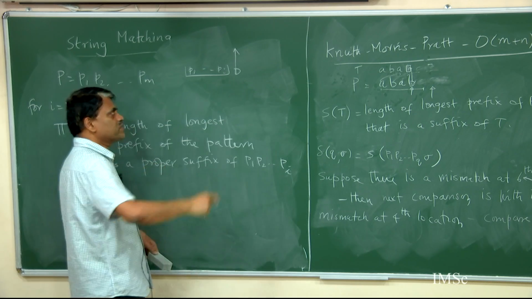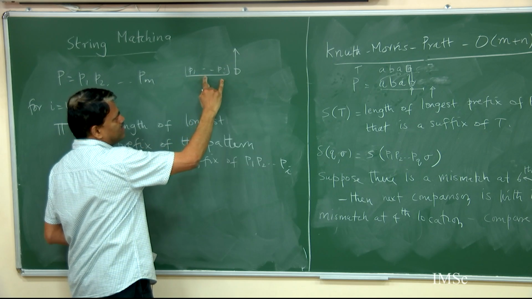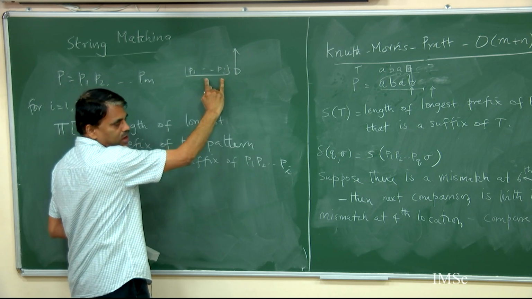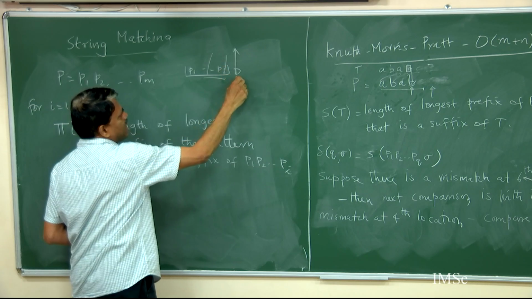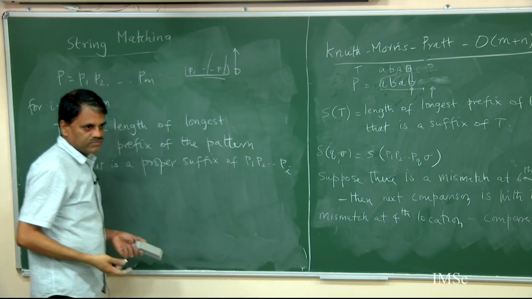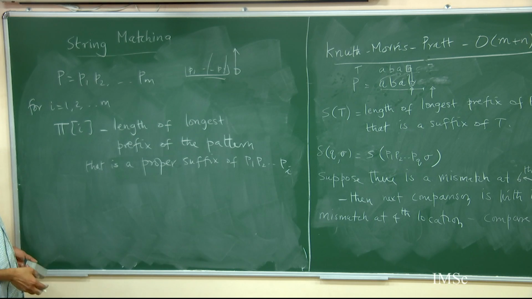I want a proper suffix. It should start somewhere else and end at pi, and see how much I have matched, and then the next character of that is what I am going to check again.